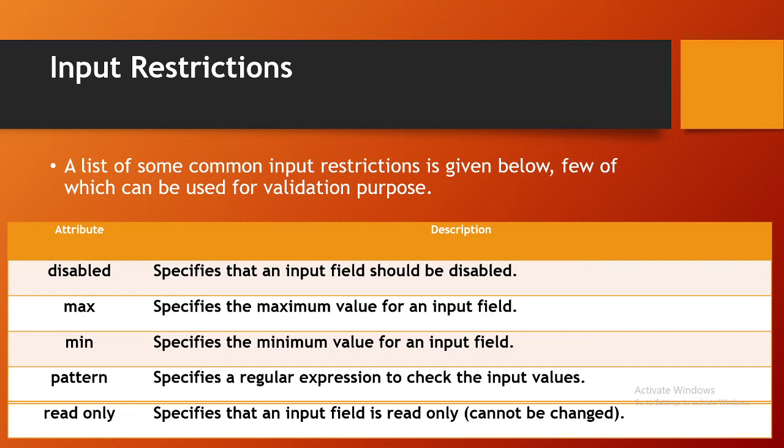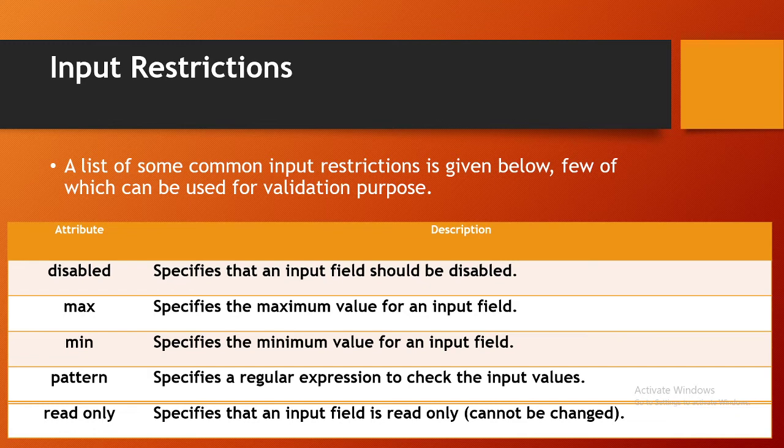For specifying maximum value for an input field, we have to use max attribute. Means if we use max is equal to 5, then user can input maximum value 5. User can't enter a value after 5, that is 6, 7.